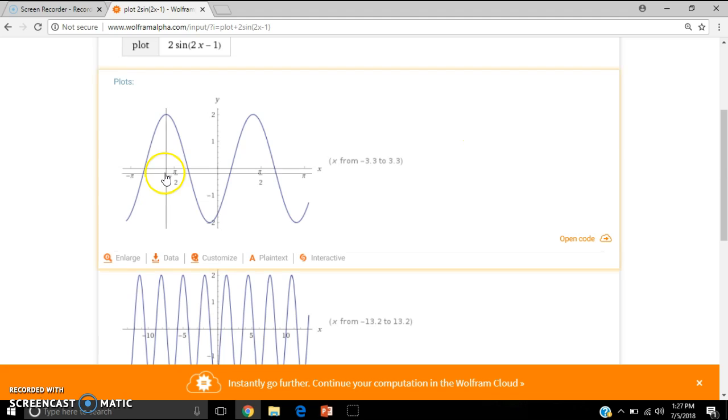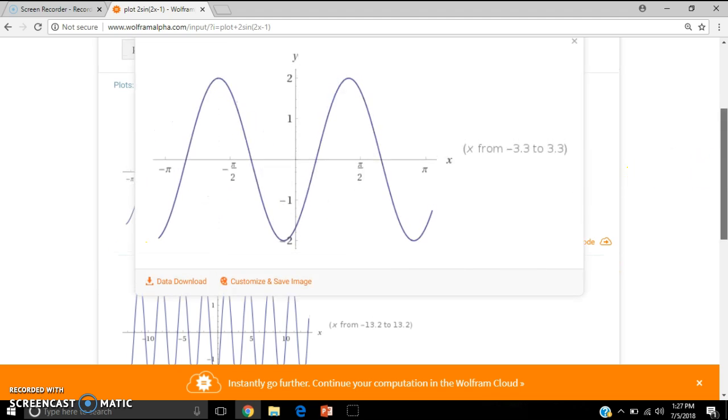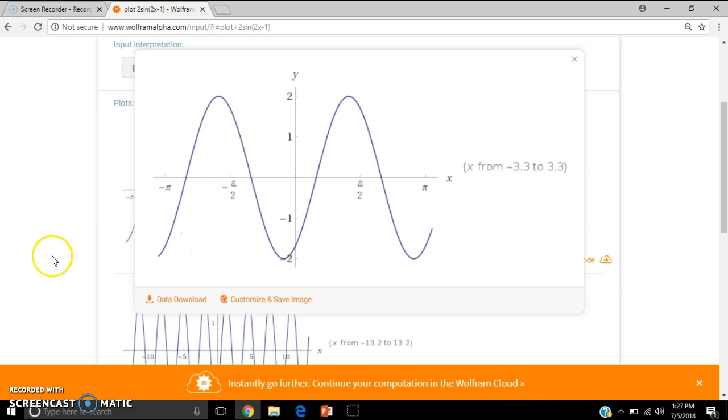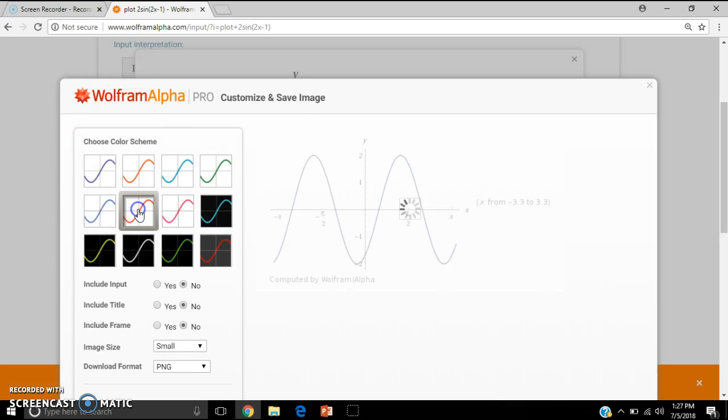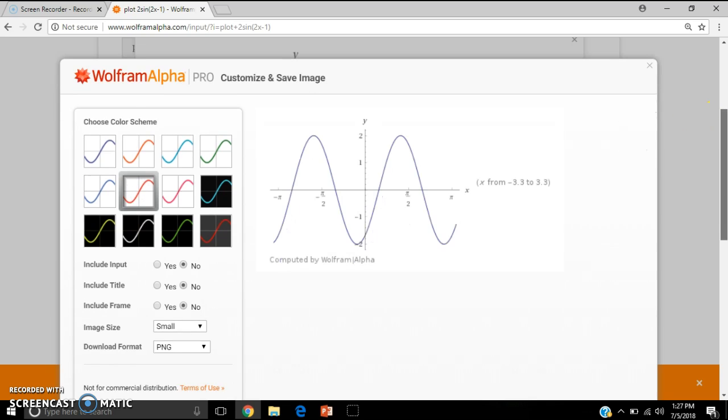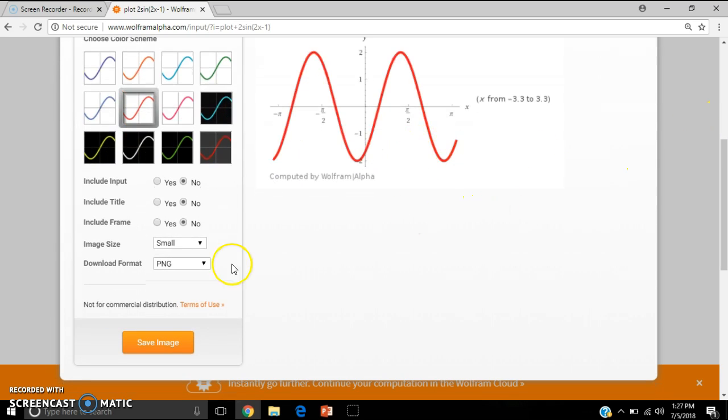Here is my graph. I can enlarge it, or I can customize it or edit it. I can change the color, and I can save it as an image.